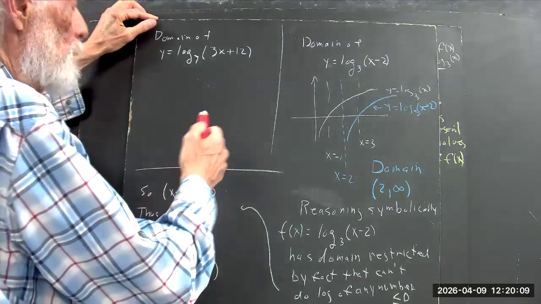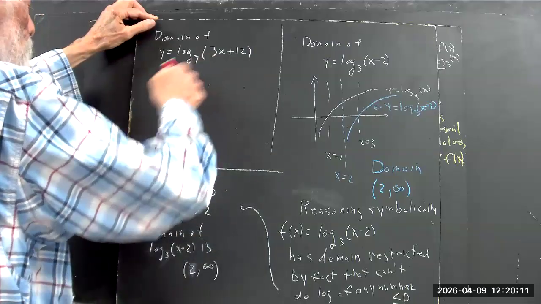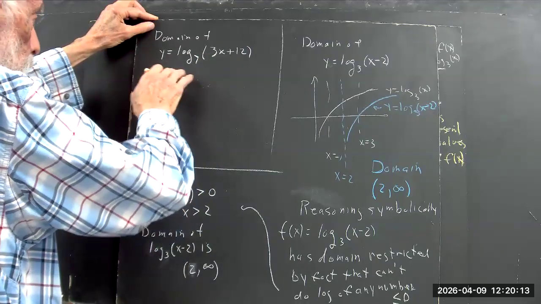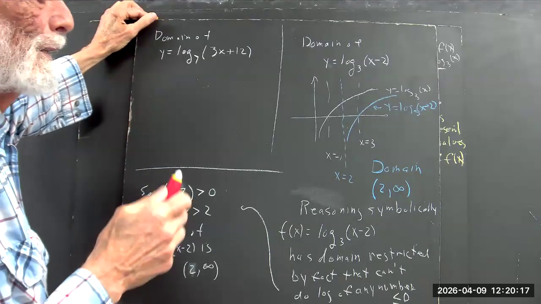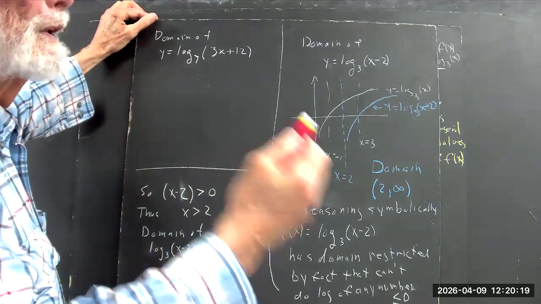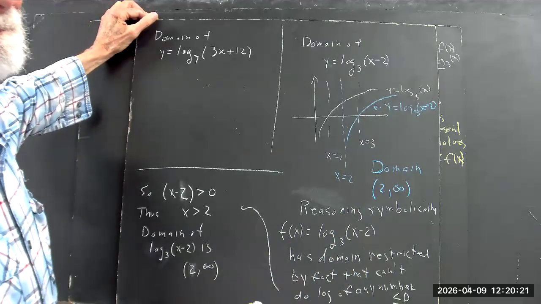Our x values can never go negative when we're constructing the table. The x values of the log function will never be negative because the y values of the exponential function will never be negative.